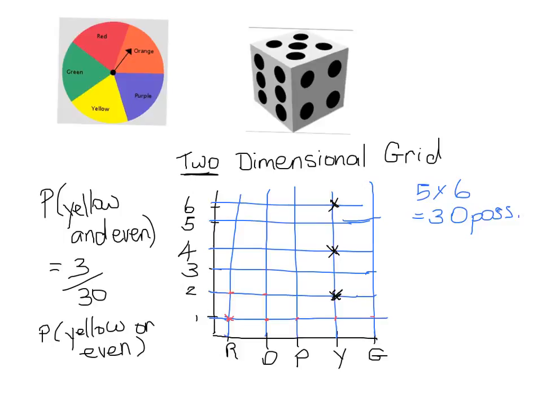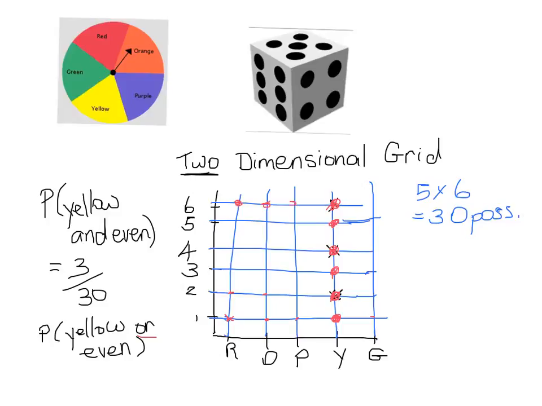So I will use a red circle. Everything that's yellow is 1, 2, 3, 4, okay? As well as, because of that word or, everything that's even.